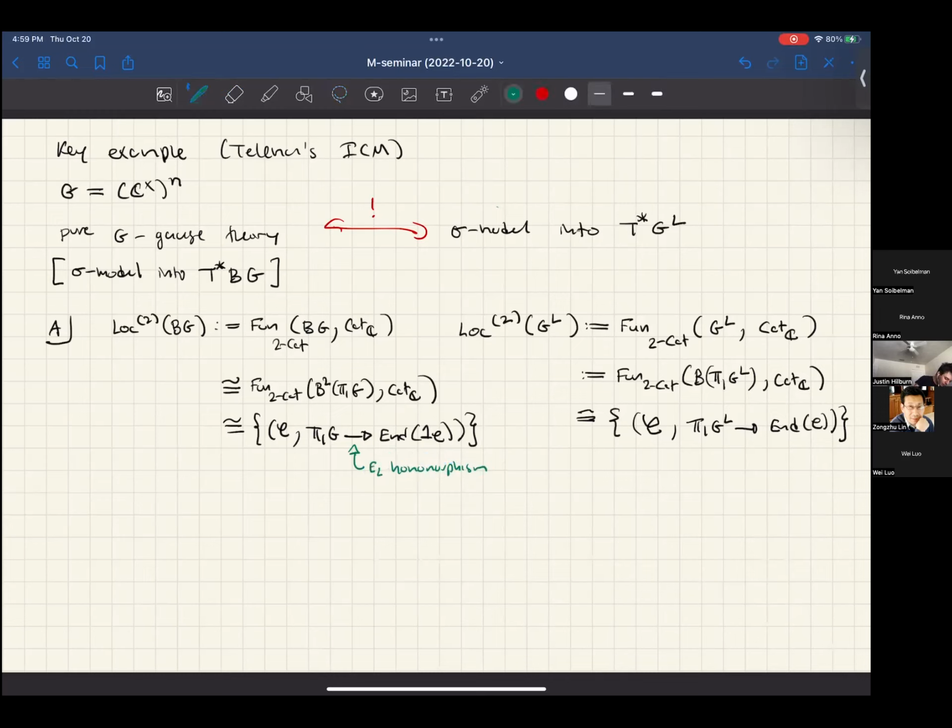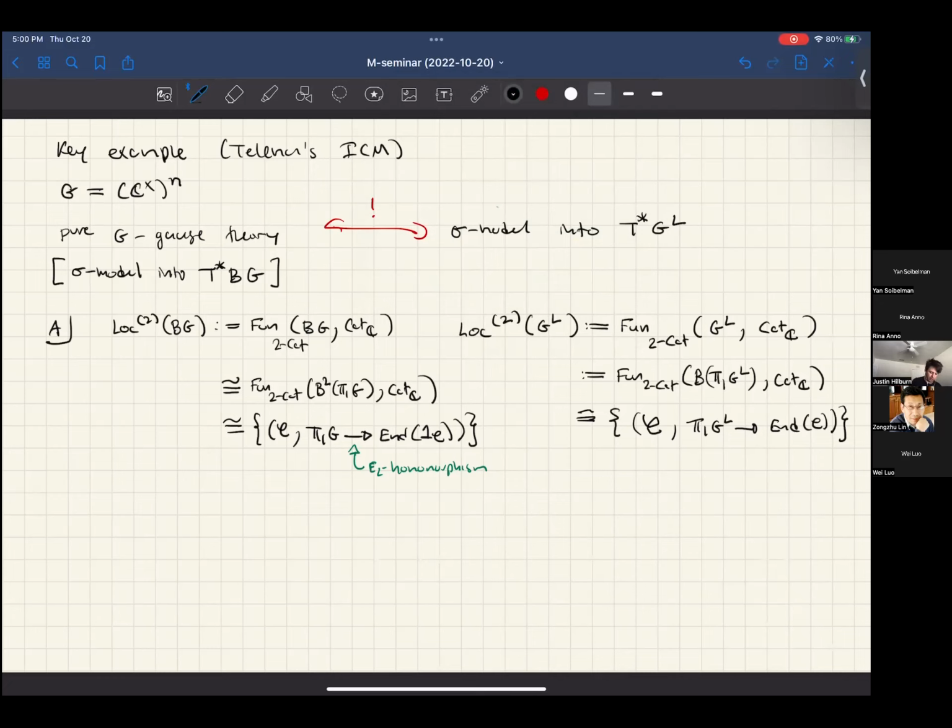It's very difficult to write down E2 homomorphisms, because when you want to resolve, especially in a homotopical fashion, the pi1 of G as a free E2 algebra, the resolution is not known, and it's pretty awful. But this is his answer.